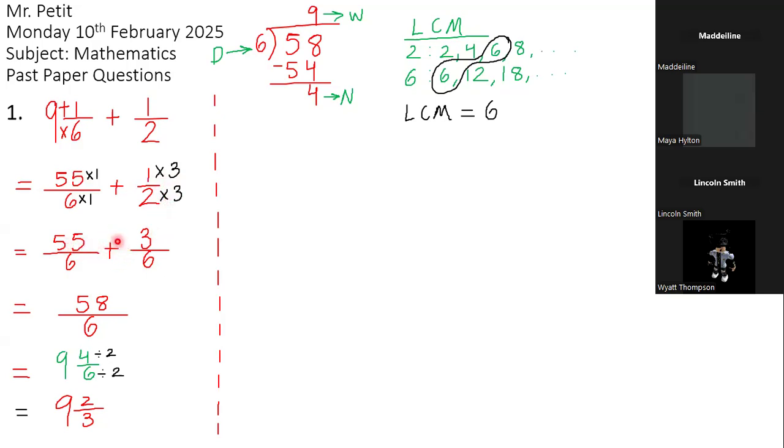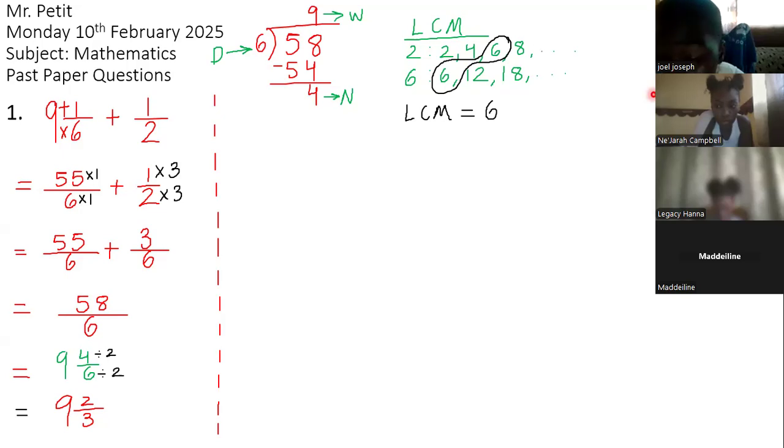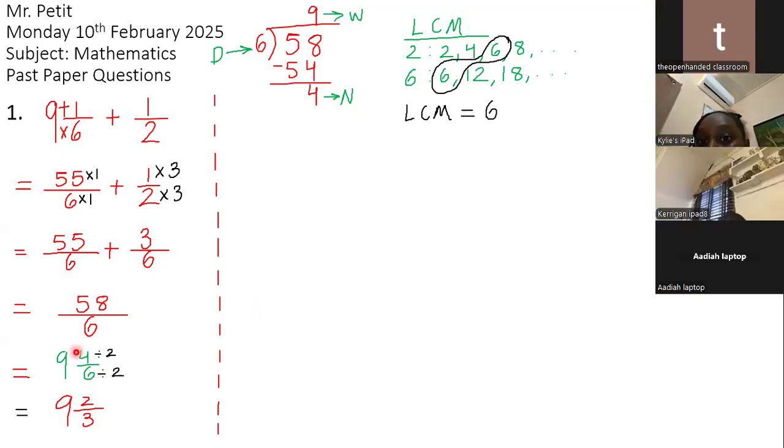Then what do we do at this point? Explain from here. We add 55 plus 3 and keep the same denominator. Very good, so 58 over 6. What do we do at this point? We divide 58 by 6.